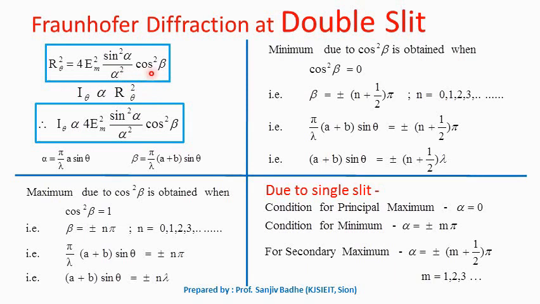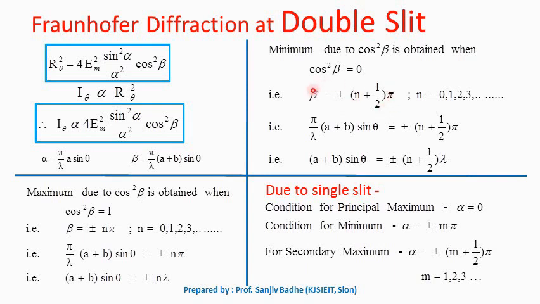Now intensity will become minimum due to cos square beta when cos square beta is equal to 0. When cos square beta becomes 0, intensity will also become 0. And when will cos square beta be 0? Cos square beta will be 0 when beta is equal to plus or minus (n plus half) pi. That means beta is equal to pi by 2, 3 pi by 2, 5 pi by 2, 7 pi by 2.